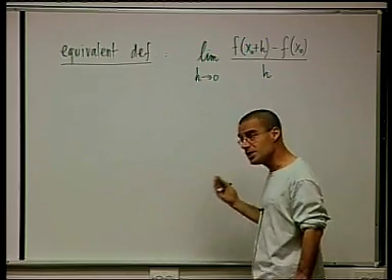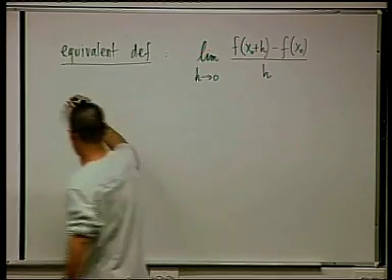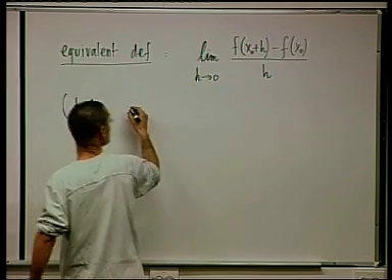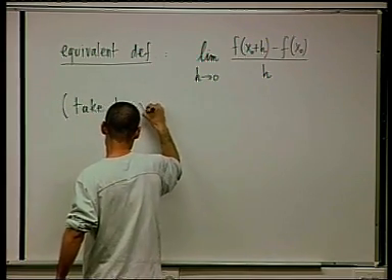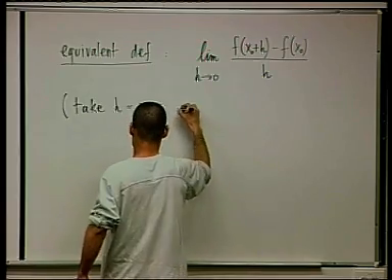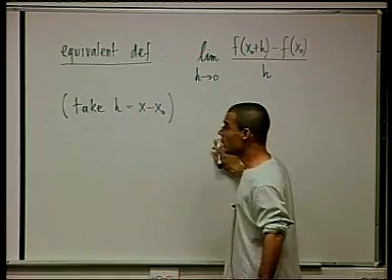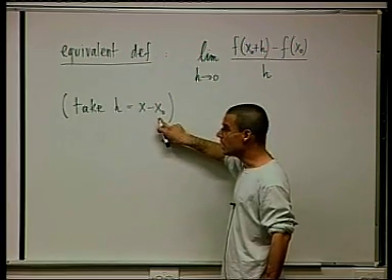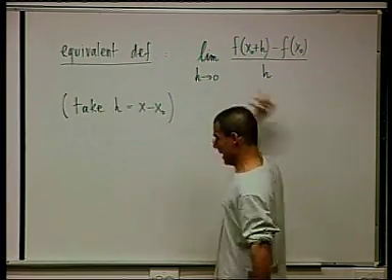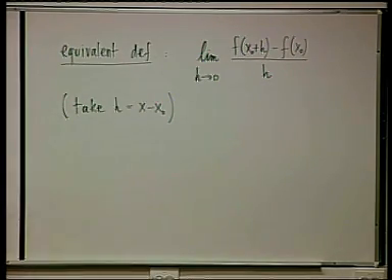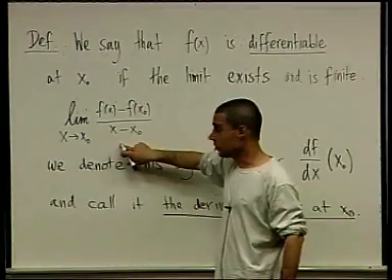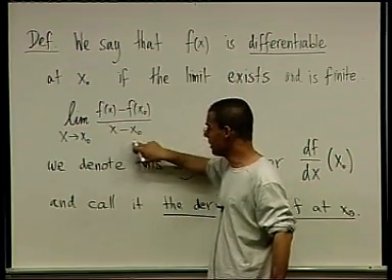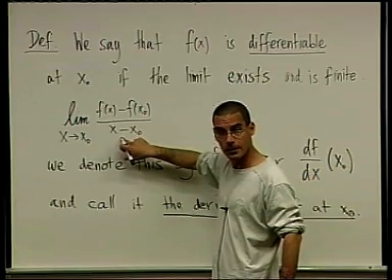Okay? And how do we see that? To see that, take h to be x minus x0. So if h is x minus x0, then, well, we're going to have to bounce back and forth now. So look at this limit a second. This was our original definition. If h is x minus x0, then the denominator is just h, right?